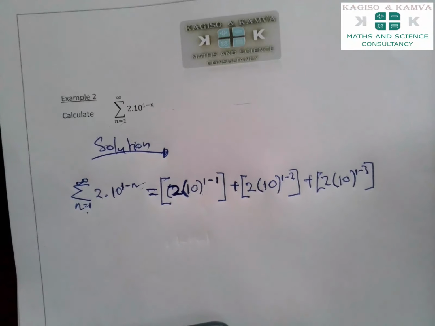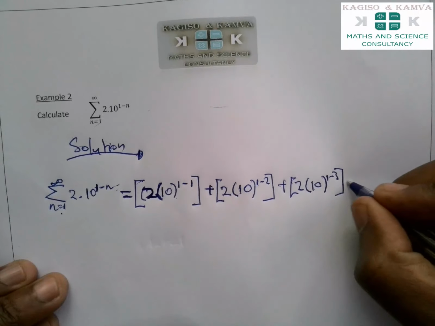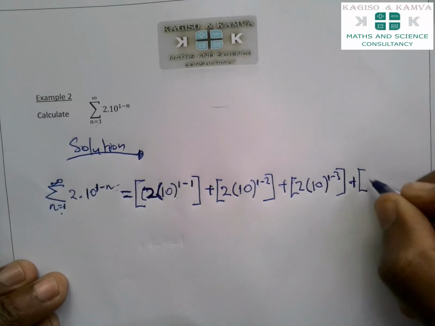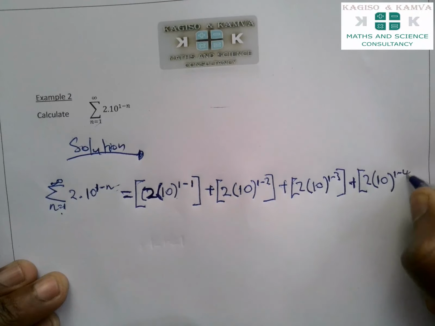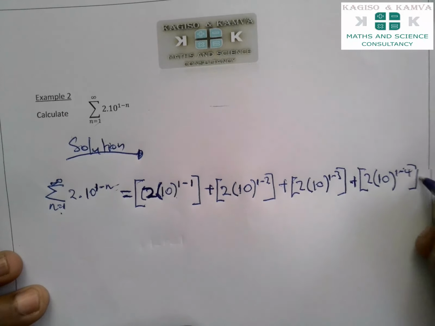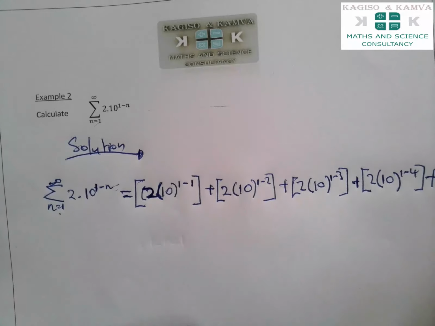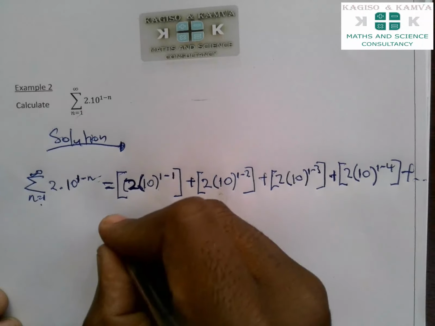Now let us just do the last term: plus 2 times 10 to the power 1 minus 4, plus etc. Going forward, what do we get now?